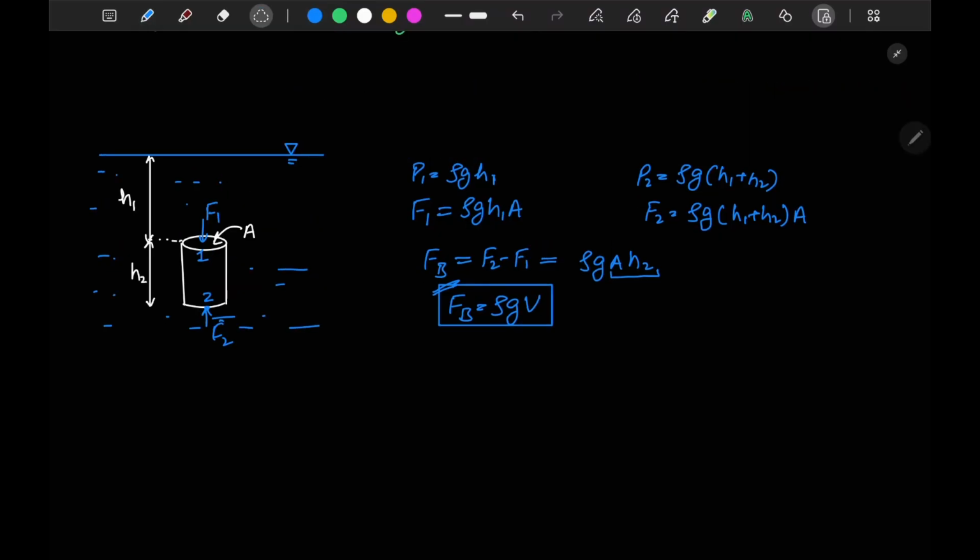So this case which we have studied here is basically a case for submerged bodies. This is your buoyant force on submerged bodies.